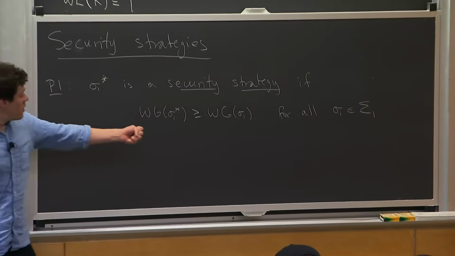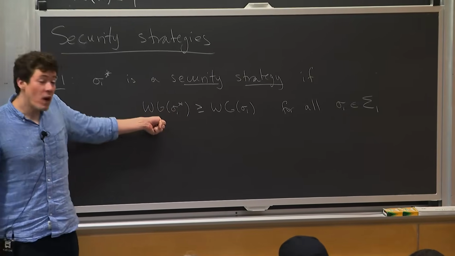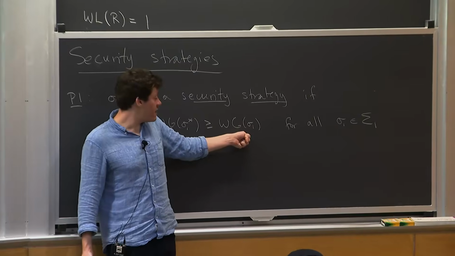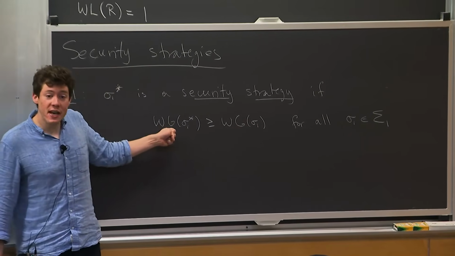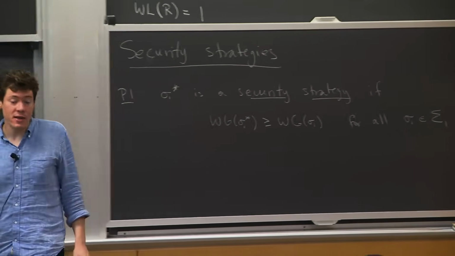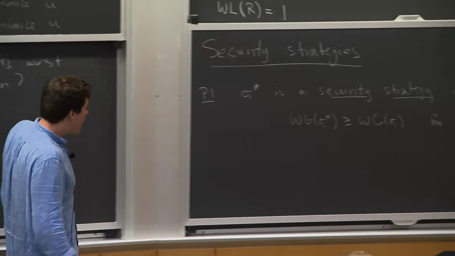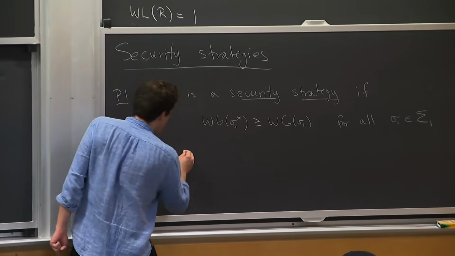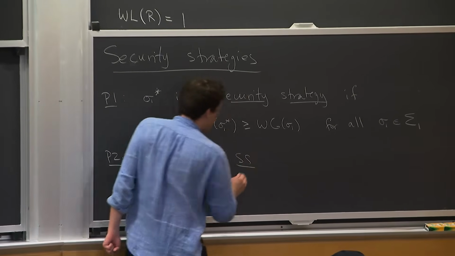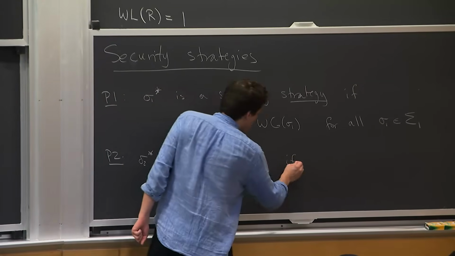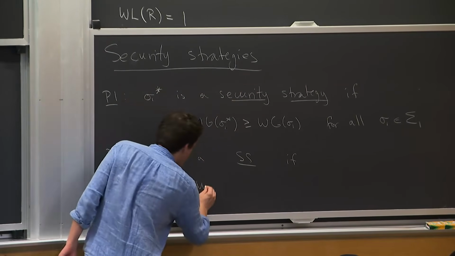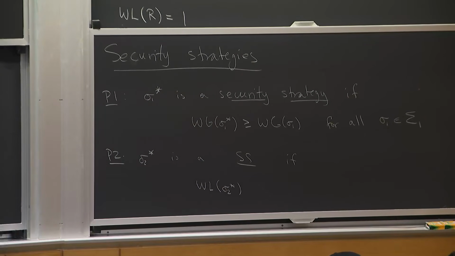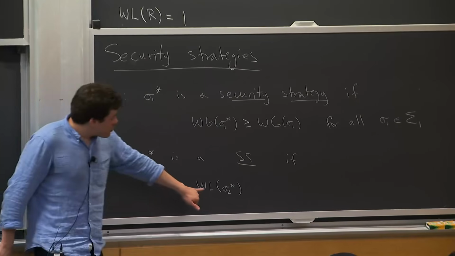So I'm comparing, if I use strategy sigma 1 star, what is the worst case gain I get? If I use a different strategy sigma 1, what is the worst case gain that I get? And I would like the worst case gain to be as large as possible. And that's what it means to be a security strategy. And then for player 2, things are just symmetric. For player 2, we say sigma 2 star is a security strategy, SS, if, let's be careful here, now we're worried about the worst case loss of sigma 2 star. And for player 2, they're minimizing.